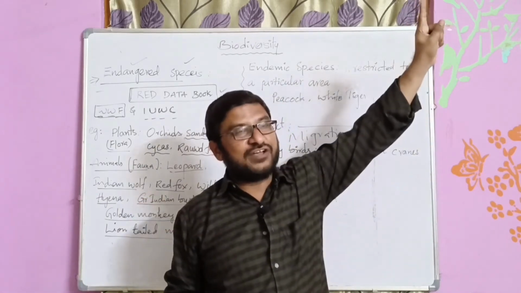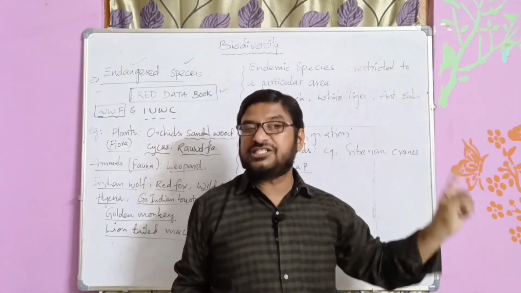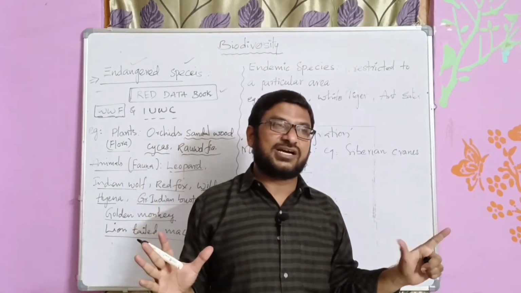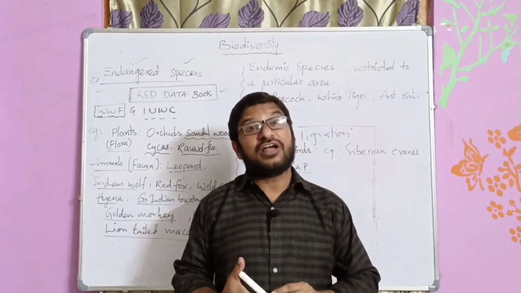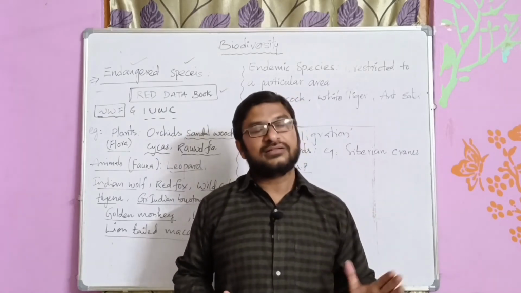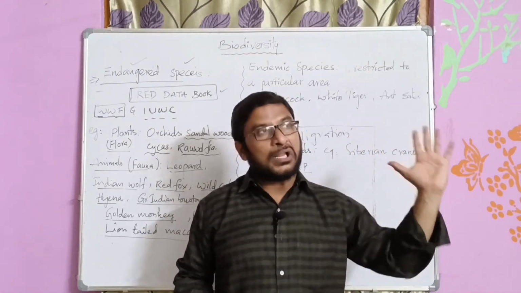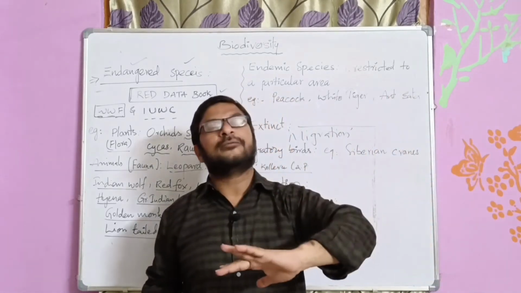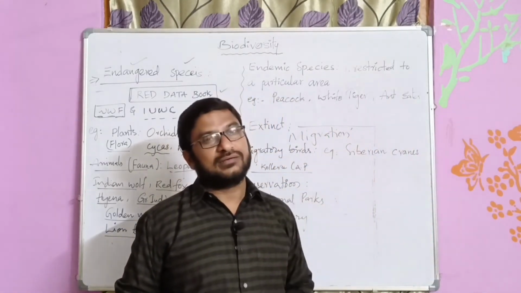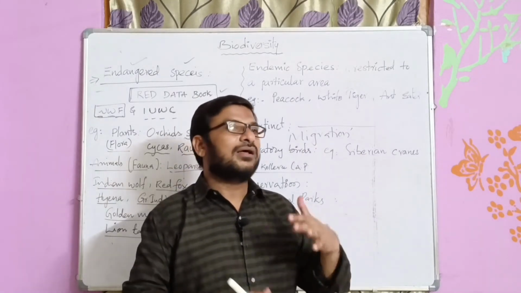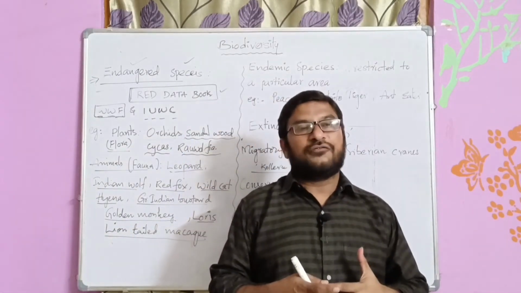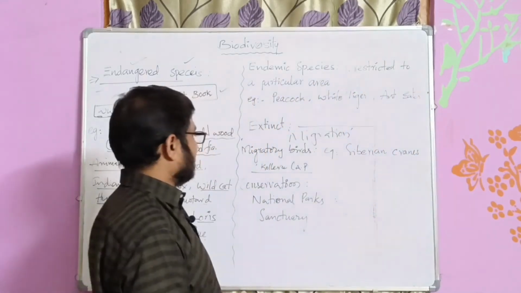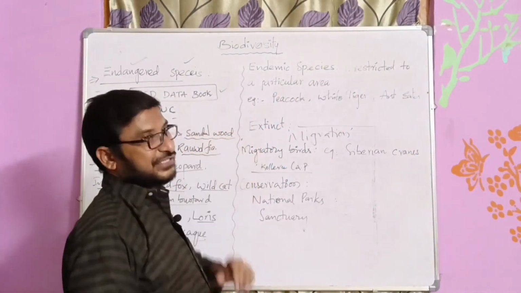As there are unfavorable conditions in Russia, because of extreme cold, they cannot survive there, they cannot breed there, they do not get food there, so they migrate thousands of kilometers and reach Kolleru Lake in Andhra Pradesh. After completion of winter, they again move to their place. So this happens in migration.